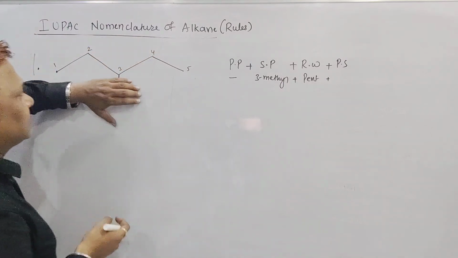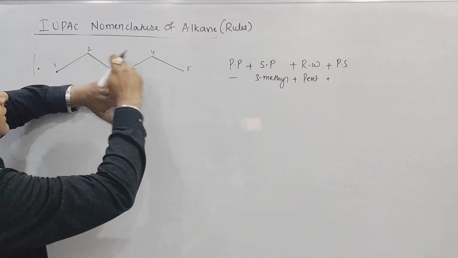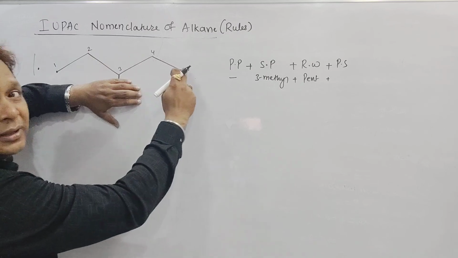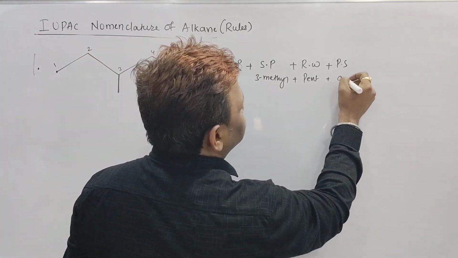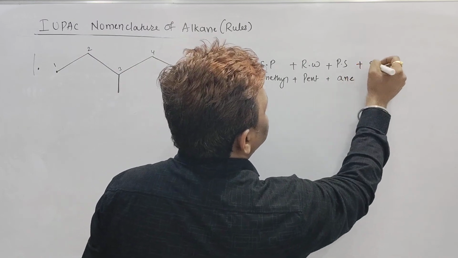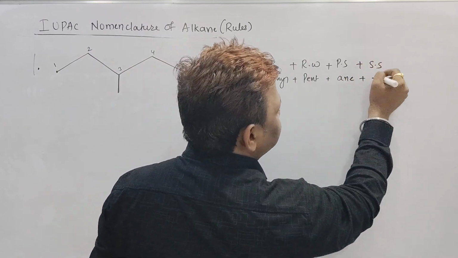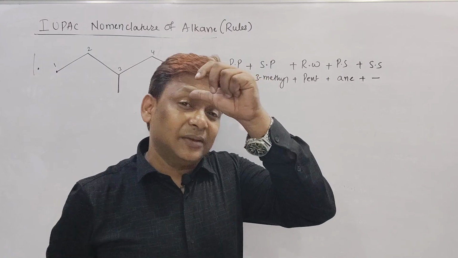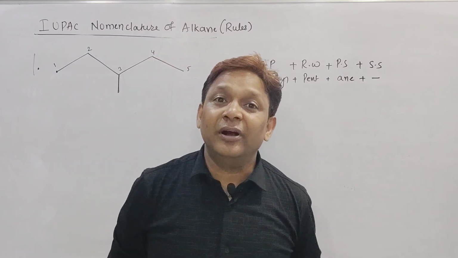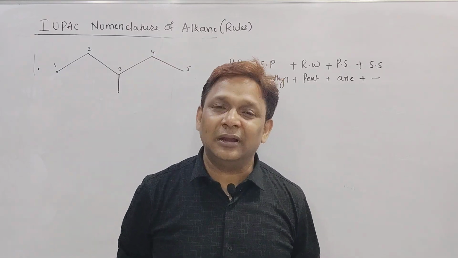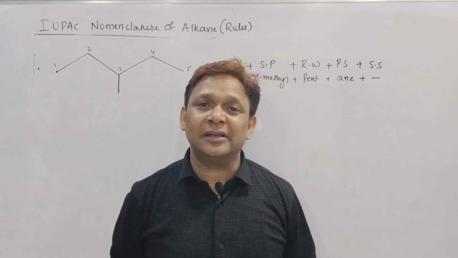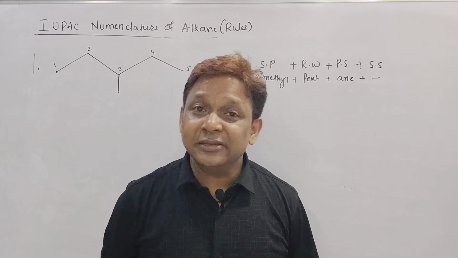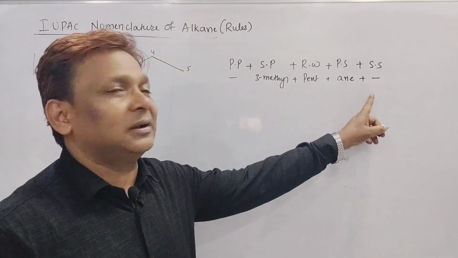Beta, leaving the substituent, are you finding any double or triple bond here? No double bond, no triple bond. That means I should use single bond, ANE. Sir, do you have any secondary suffix here? No, because secondary suffix is the functional group: carboxylic acid, aldehyde, ketone, alcohol, cyanide, ester. Nothing is there, so no secondary suffix.